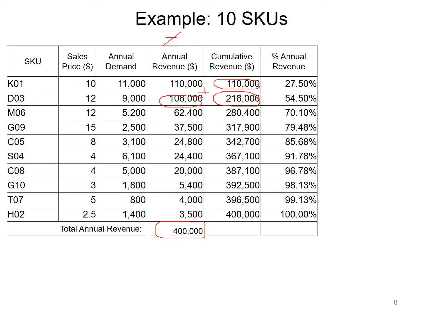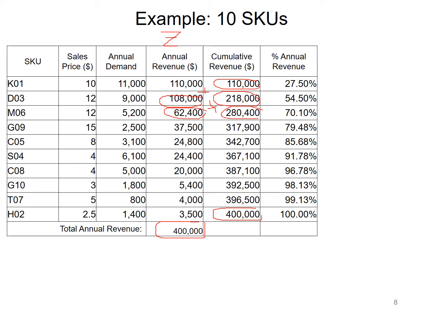The next SKU down, M06, had an annual revenue of 62,400. So the cumulative revenue up to that point is 62,400 plus the 218,000. That's how we end up with 280,400. You keep doing this, and at the end, these two values should match, right? The cumulative revenue should match the total revenue, the sum of this entire column.